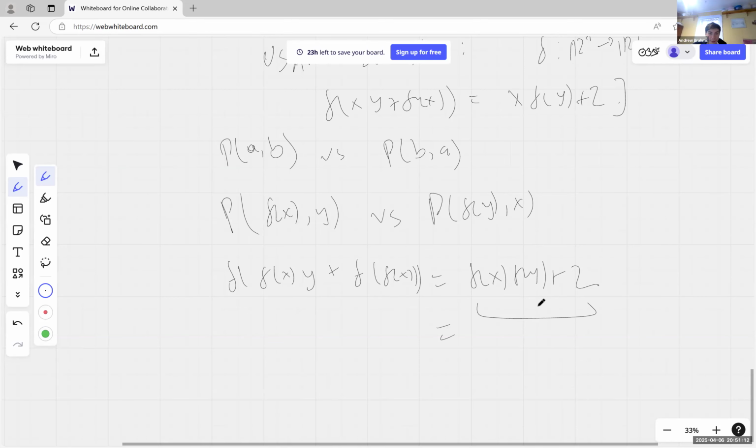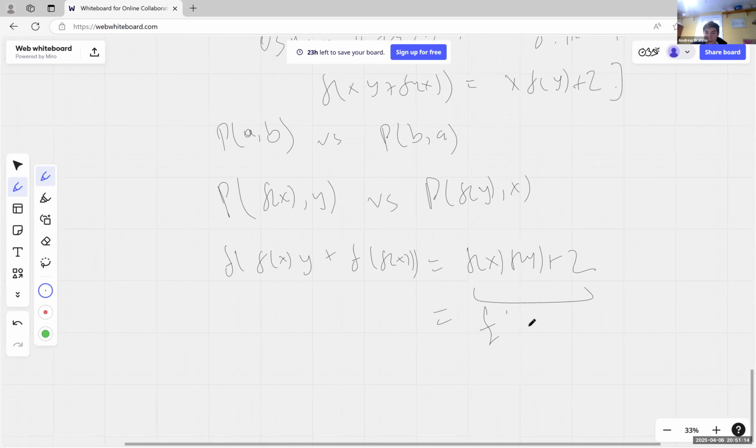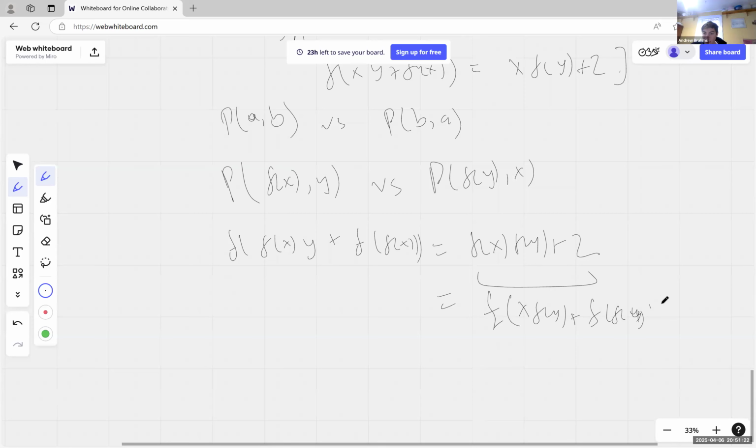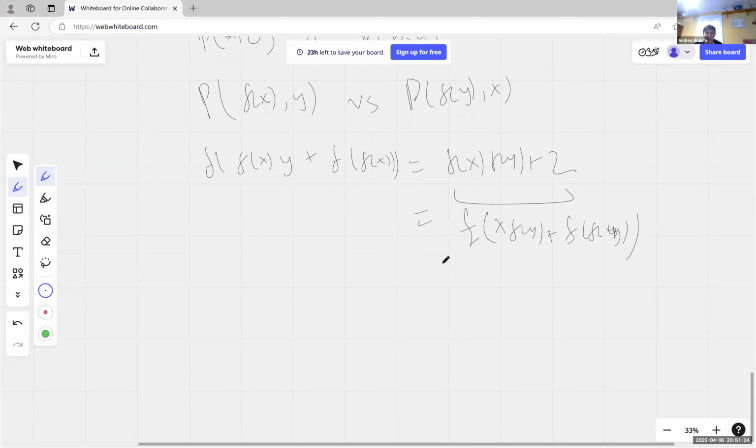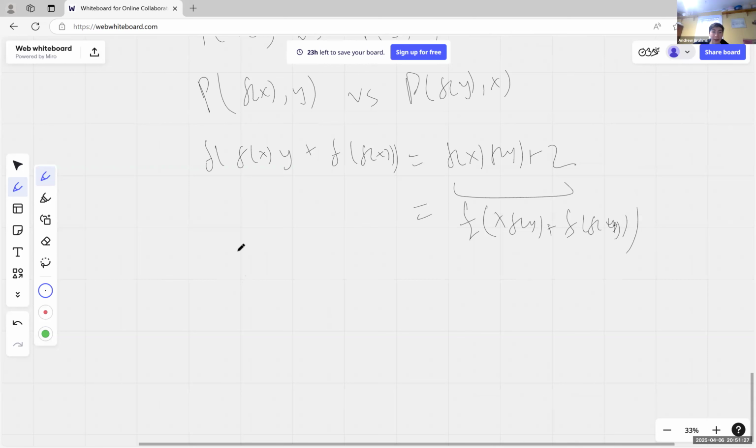So you can swap the variables to get f of x f of y plus f of y. And then you can use injectivity to show that f of xy plus f of x is equal to f of yx plus f of y. Now, it's not super easy to see, but this is actually sufficient to show that f is a linear function.